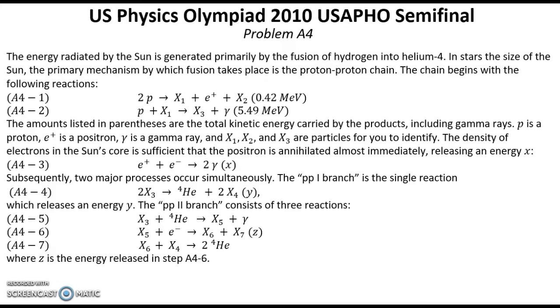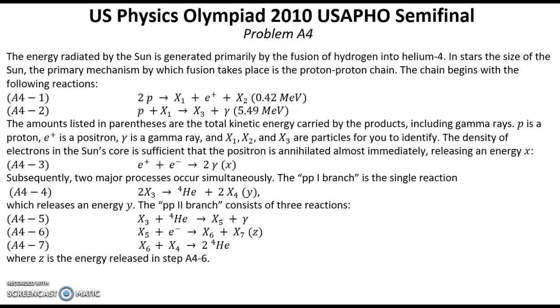The amounts listed in parentheses are the total kinetic energy carried by products including gamma rays. P is a proton, e+ is a positron, gamma is a gamma ray, and X1, X2, and X3 are particles for you to identify.